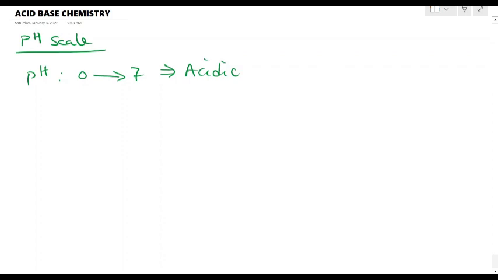So the pH scale basically shows the range, the scale that comes from 0 to 14, and what shows acidity and what shows basicity, and of course the neutral. So for the pH scale, you have pH values ranging from 0 to 7 as what? As acidic solution.